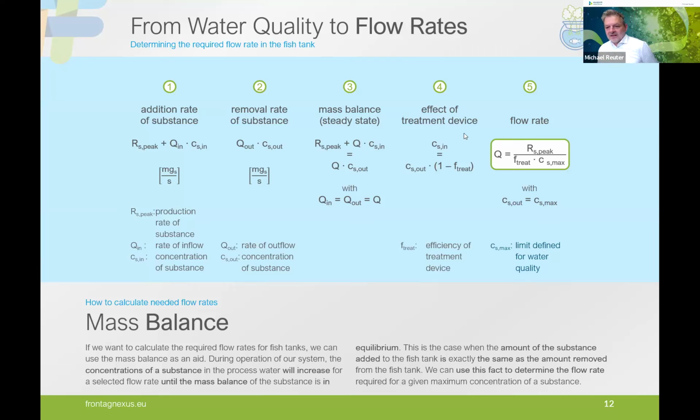And then we have to take into account the efficiency of our treatment device. So how much of the substance that we are looking at is removed by our filter section. And if we look at that, we know that the inflow into our fish tank, as it is a recirculating system, will be the outflow multiplied by 1 minus the treatment efficiency of our device.